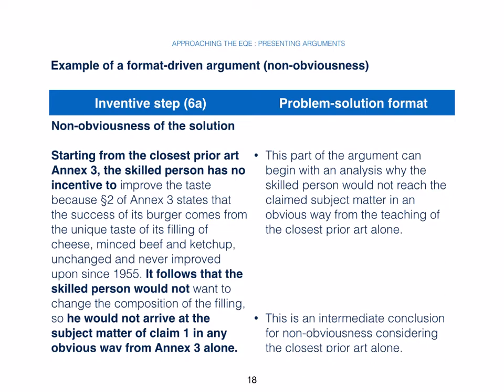This is an intermediate conclusion for non-obviousness, considering the closest prior art on its own. Next, we will try and explain why the skilled person was not motivated to consult the secondary document.